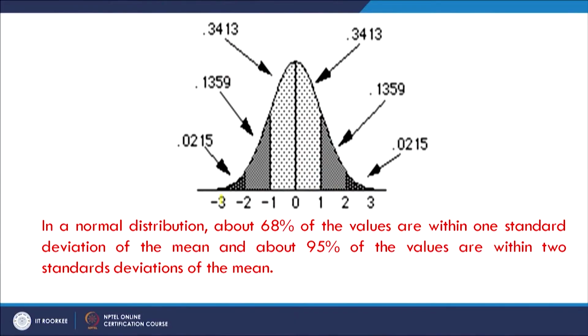Like here, if I go for standard deviation 3 on both ends, then this is what I get. But if I go for standard deviation 1, then this is how it looks.